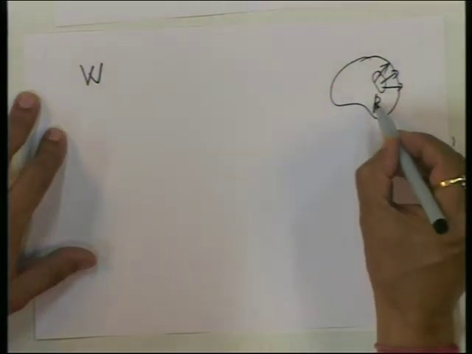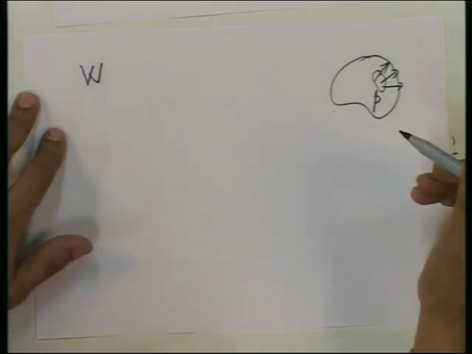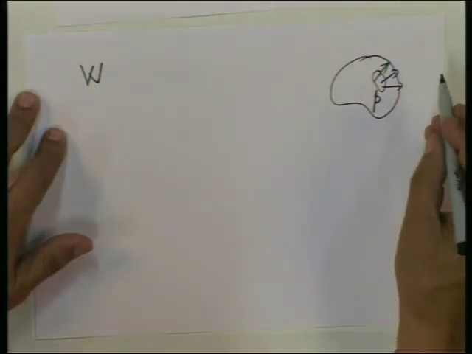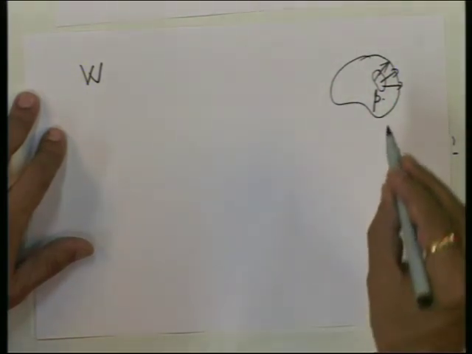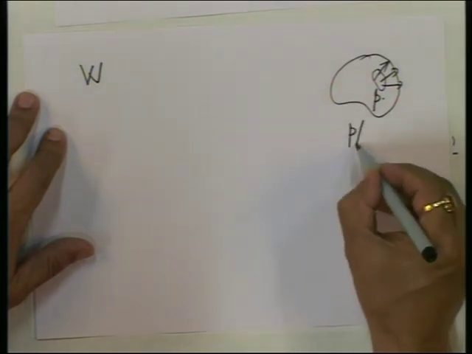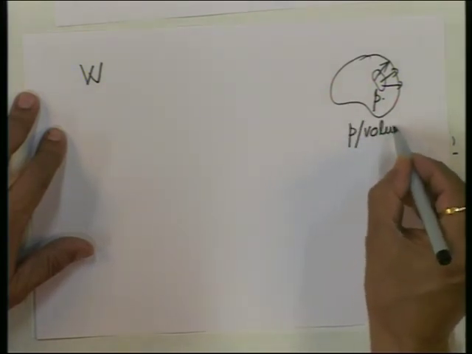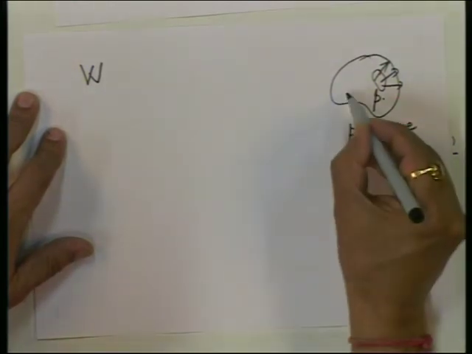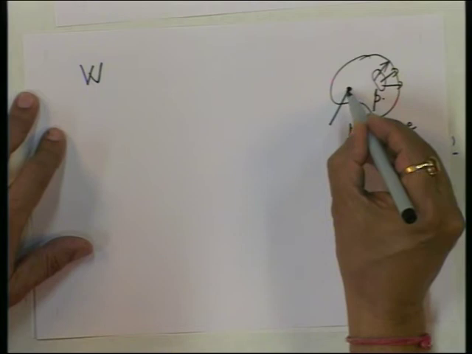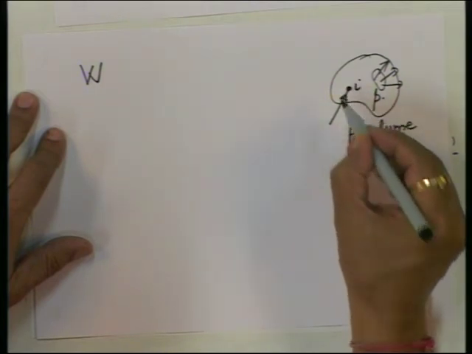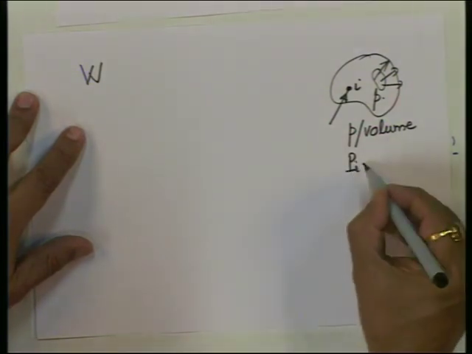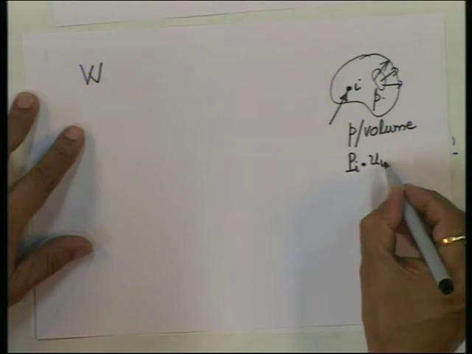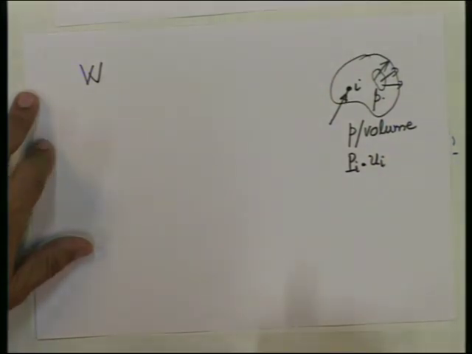Let us assume that load is P per unit volume. And if you have loads directly acting on the nodes, so there will be some P i and they will be directly doing work on U i, the corresponding displacement.